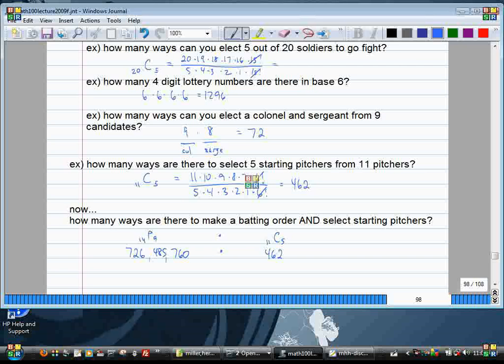Does that make a bit of sense? Because selecting a shirt and selecting a pair of pants is, in this problem, the same as selecting a batting order and selecting a starting rotation. What's harder is you have to figure out what each number is first.